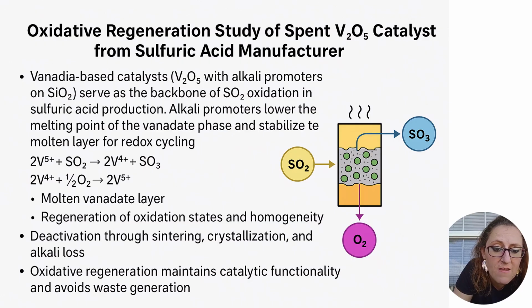Therefore, oxidative regeneration within the existing matrix is preferred. It avoids waste generation and lowers operational costs. The regeneration process doubles as a recycling pathway, turning waste into reusable high-value materials. This embodies circular economy principles within chemical manufacturing and aligns with sustainable process design strategies.